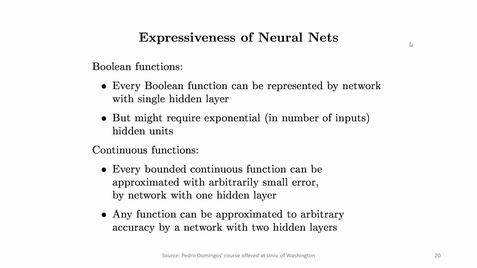And any arbitrary function can be approximated to arbitrary accuracy by a network with two hidden layers. These are more theoretical results, but still useful to know about, to understand the power of these neural networks, which, as we have been discussing, also form the basis of modern day deep learning architectures.